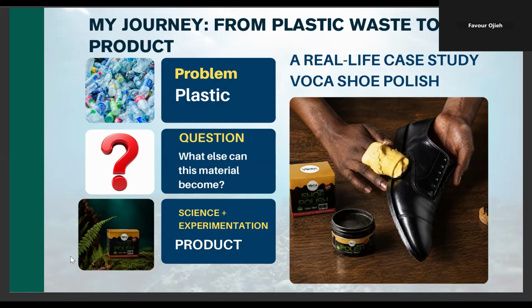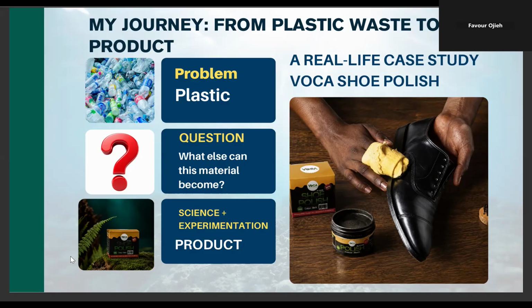And as we tried to recover, plastic had blocked the drainage system. It was at that point I realized that plastic was working against humanity. Before, I didn't know it was that bad. The flooding could not go off because plastic had blocked the drainage system.